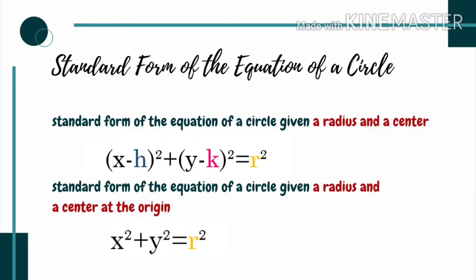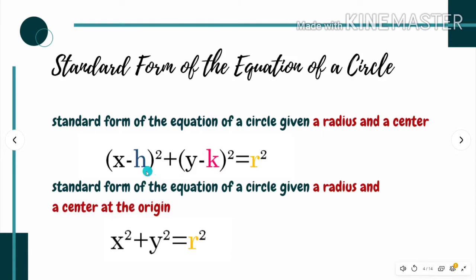So let's get started with the standard form of the equation of a circle given a radius and a center, and given a radius and the center at the origin. The standard form of the equation of a circle, if we are given a radius and a center, is (x minus h) quantity squared plus (y minus k) quantity squared is equal to r squared.